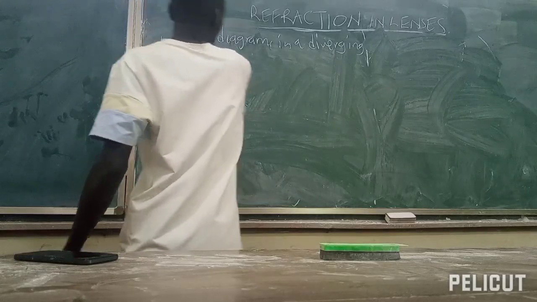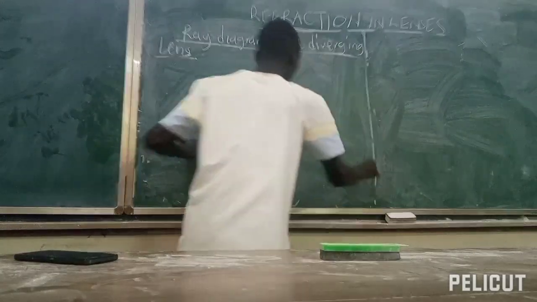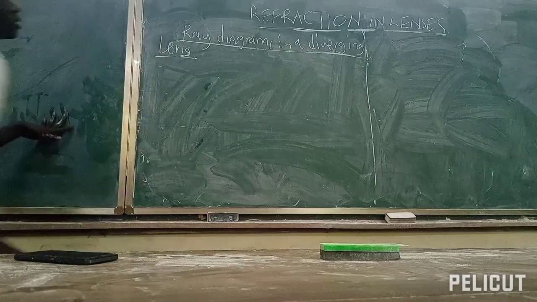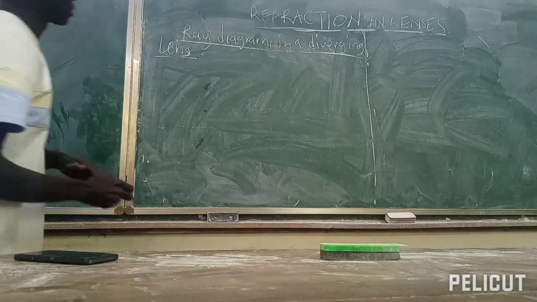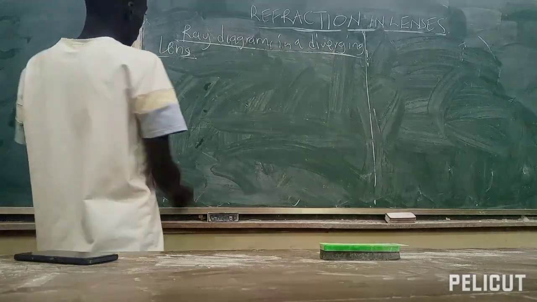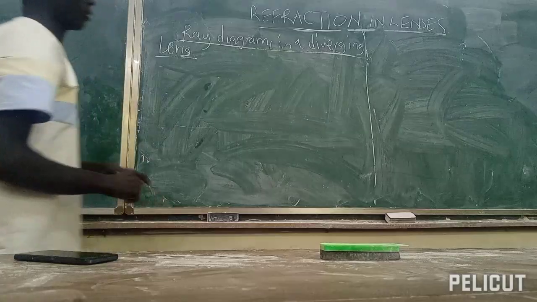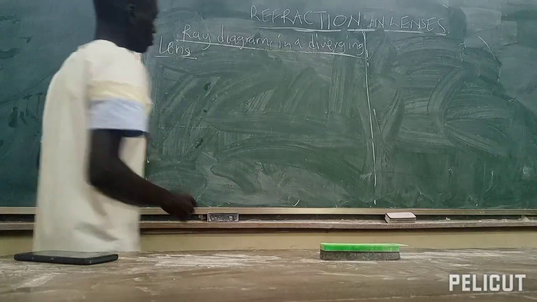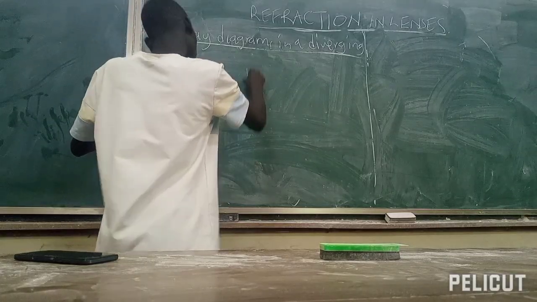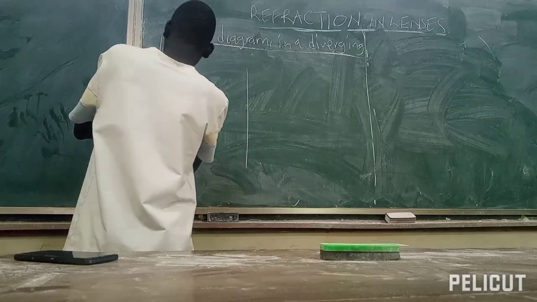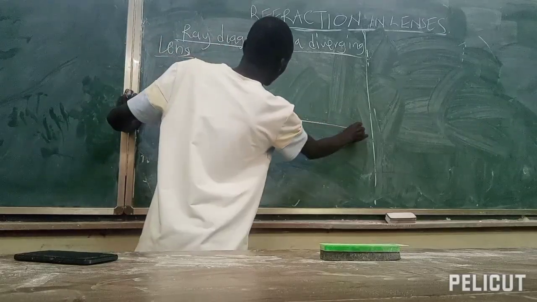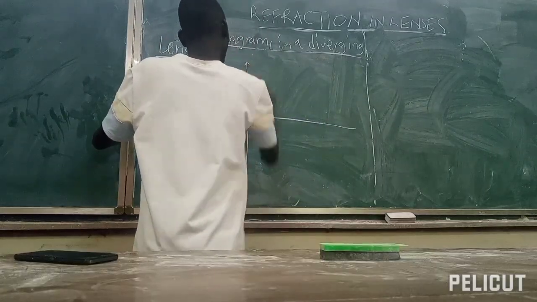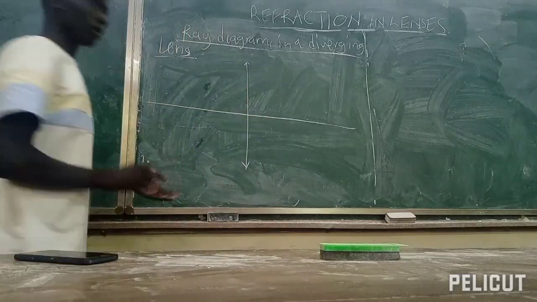As we said first, the features of something that is diverging: it is thin in the middle, then it's thick at the edges. So when you try to sketch it, you say this one does what? Diverges the rays.